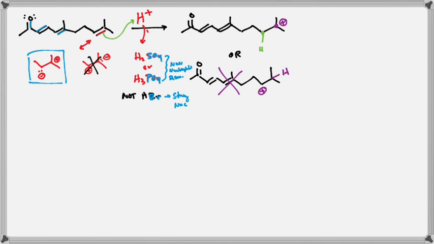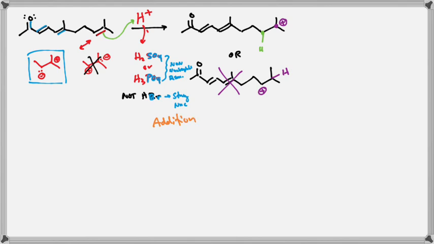What mechanistic step did we do? Okay, so we might go through and say it's acid-base because all we did was transfer a hydrogen. But that's not all we did. In the transfer of that hydrogen, I also lost a pi bond. And if I'm going to lose a pi bond, that's now an addition.